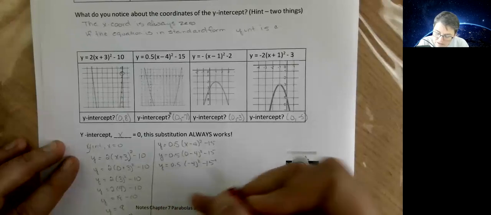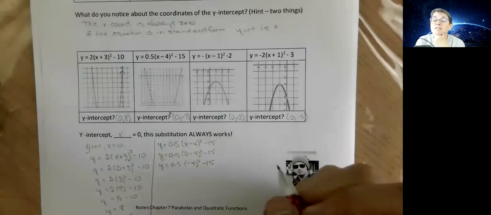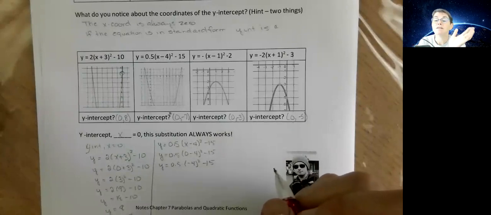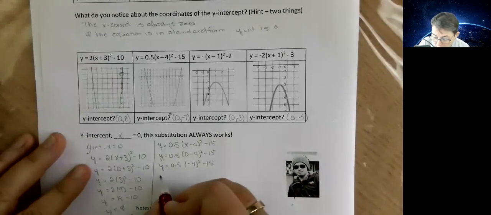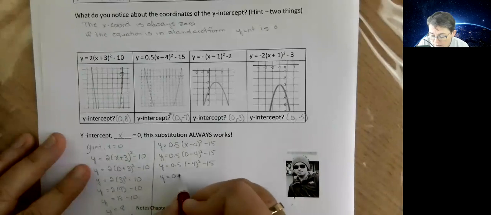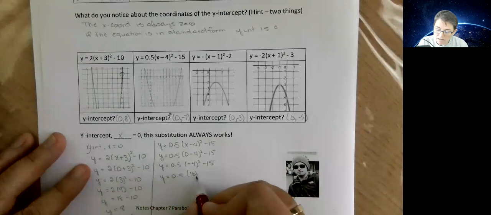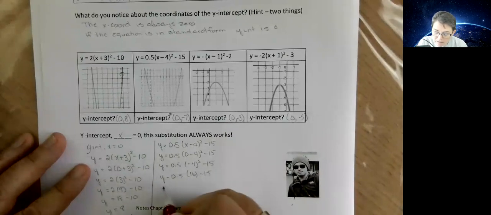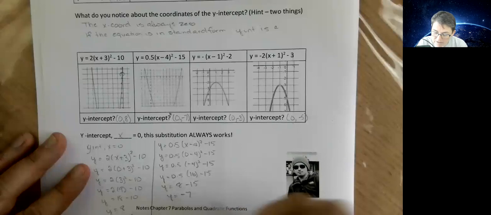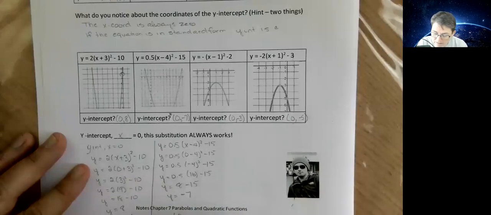You see why we spent so much time on order of operations at the beginning of the year, right? You've got to know this stuff so that when you come to new stuff, you're not having to relearn it. Negative 4 times negative 4 is 16, minus 15 is 1. 0.5 times 1 is 0.5. Y is equal to minus 7. So what you got? 0 and minus 7.